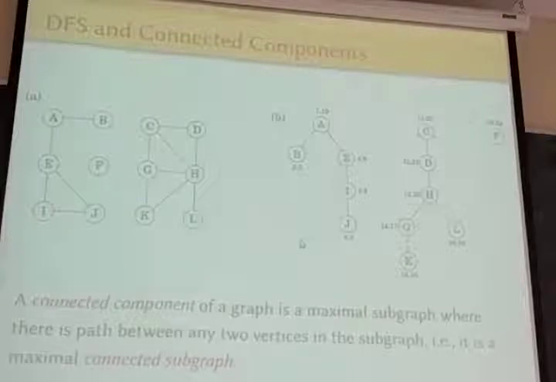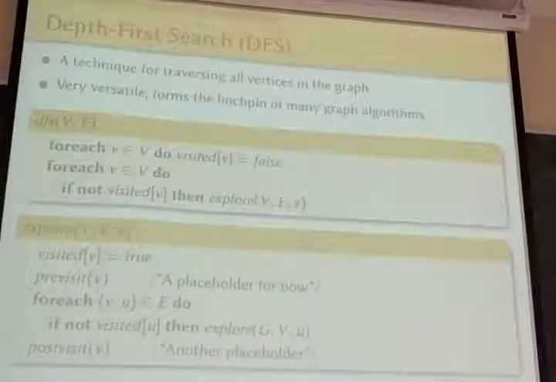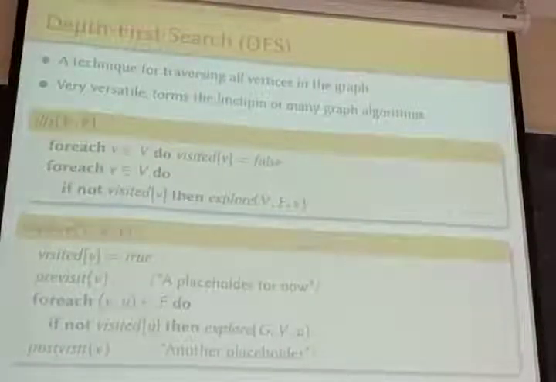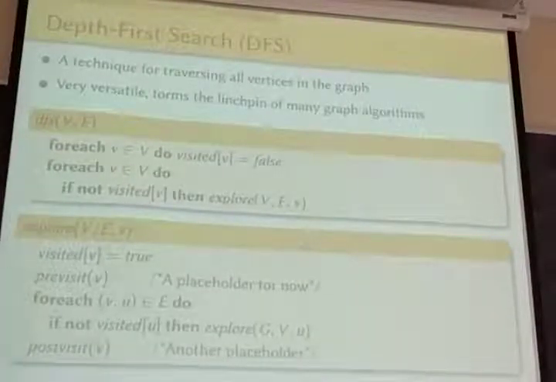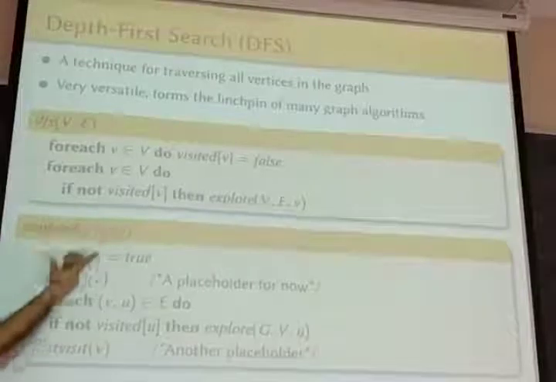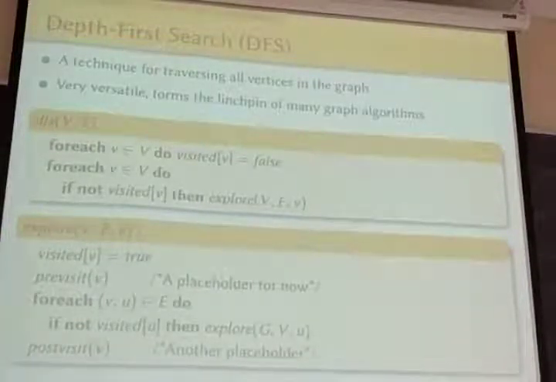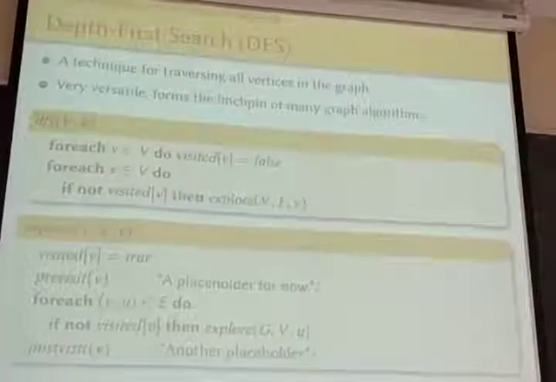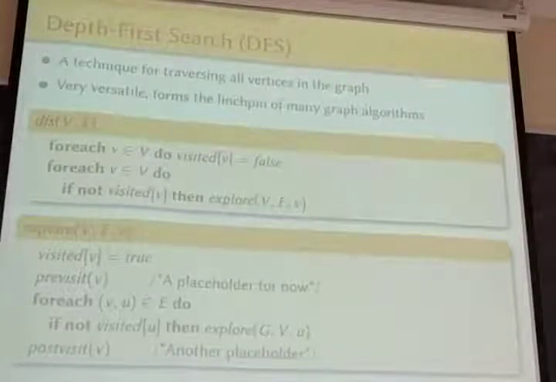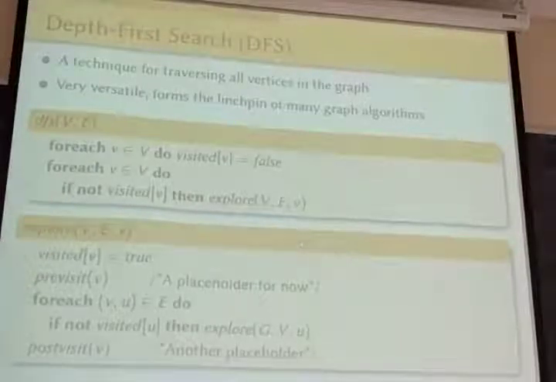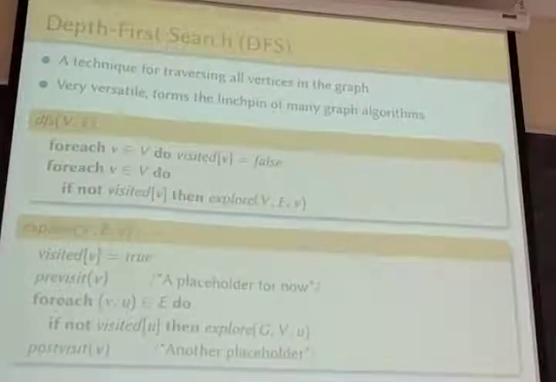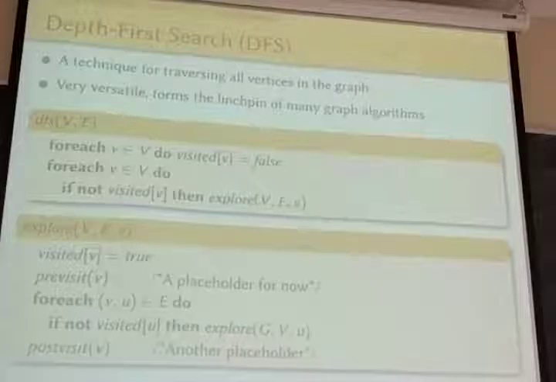So again, if you go back to the DFS algorithm here, when we call explore, explore is going to end up finding a connected component because it keeps going forward until it can do that no more, right? And when explore returns, at that point it has found a connected component. Okay.